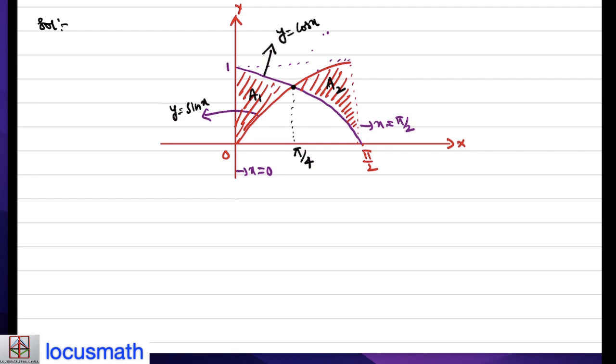Now between 0 and pi by 4, which one is above? The cos x graph is above the sin x graph.